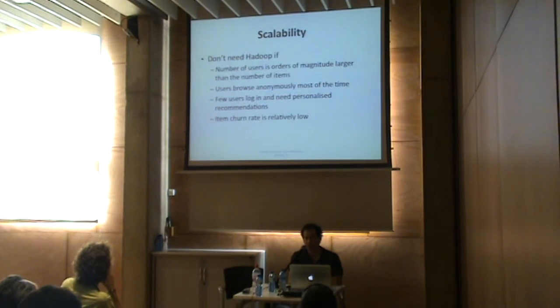That works if your number of users is much, much larger than the number of items or the amount of content. You can also specify that you only want to make recommendations for certain content types. That suits you if your users are browsing anonymously most of the time, if people are not logging in and don't need personalized recommendations specific to them, or if you're not churning through lots of new content on a regular basis.